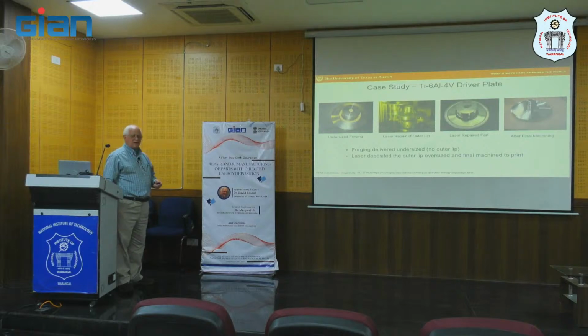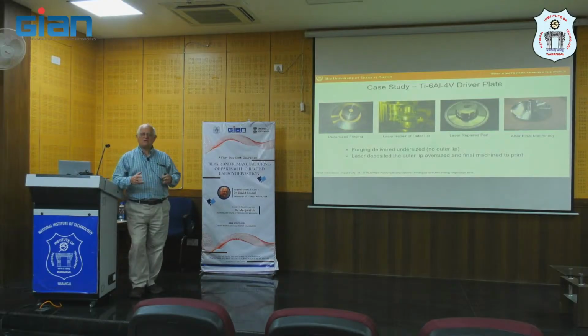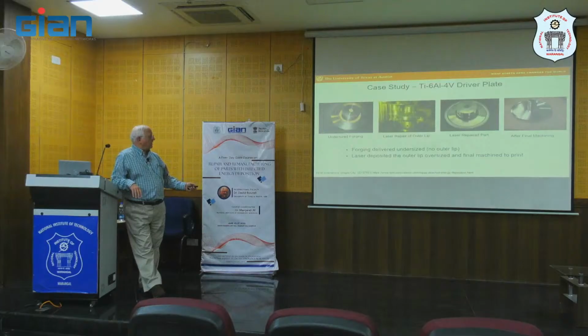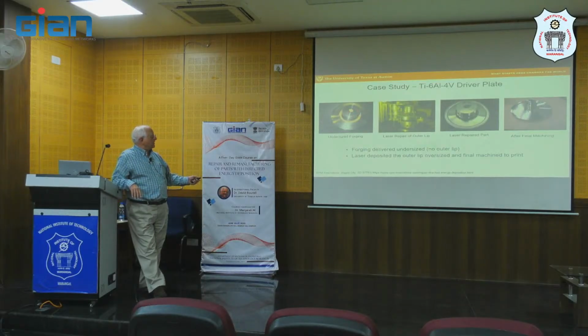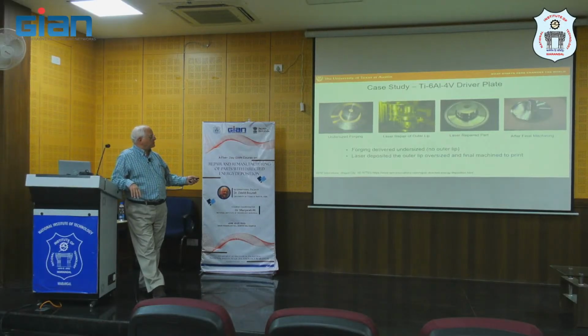In this case, it's a little bit different. This is not a wear problem where the part needs to be refurbished. This was sort of a manufacturing foul up where they actually purchased forgings, but the forgings came undersized. That is, this outside diameter here was too small for it to be finish machined.